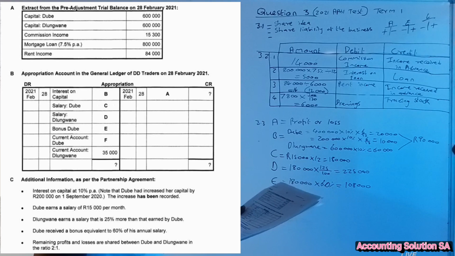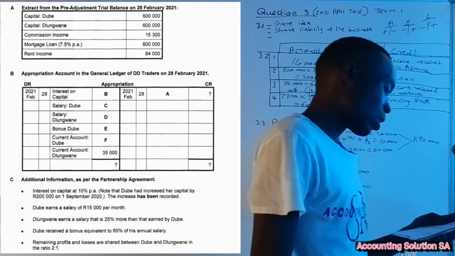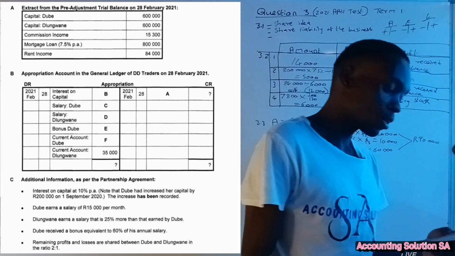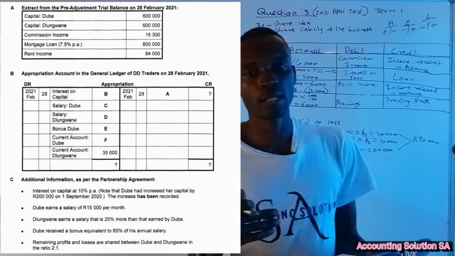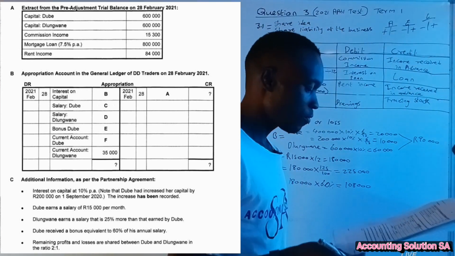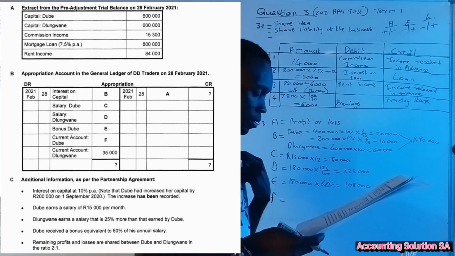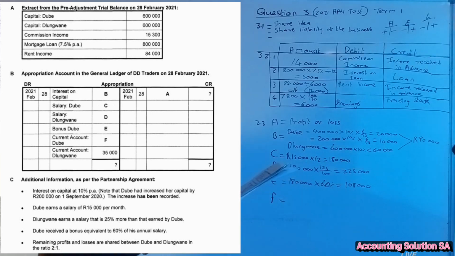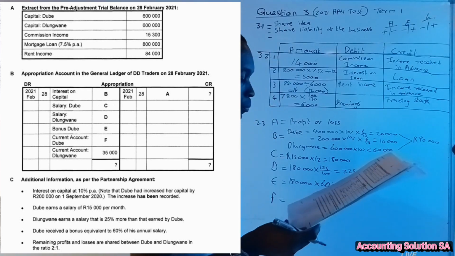Okay, number F, they said current account for Dube. Current account for Dube and current account for Hlungwane. For Hlungwane, they give us 35,000. So under the current account, guys, we write the profit share, the remaining profit share. So if you read the last part, they say the remaining profit and loss are shared between Dube and Hlungwane in the ratio 2:1.